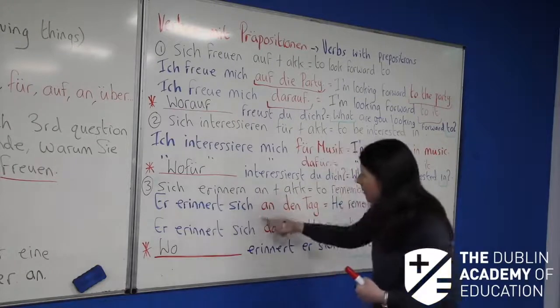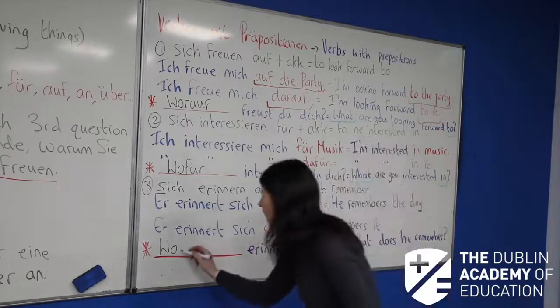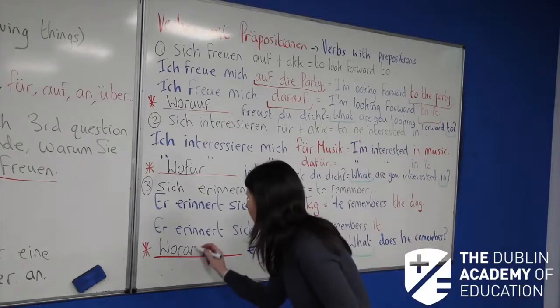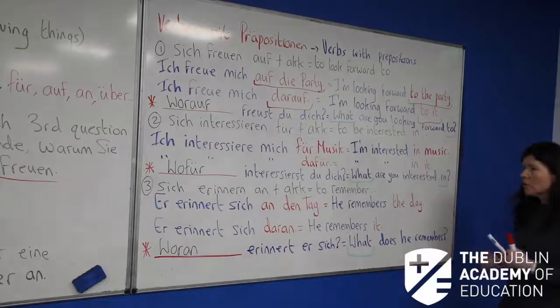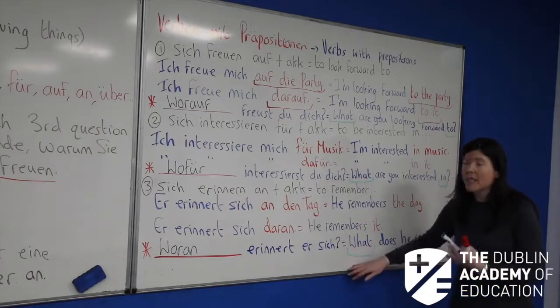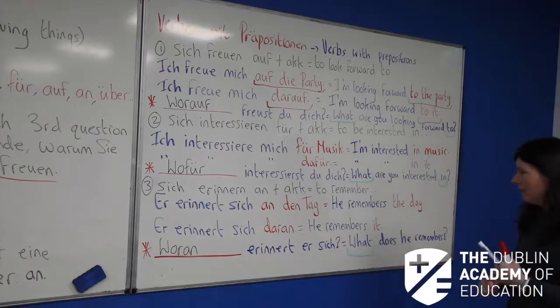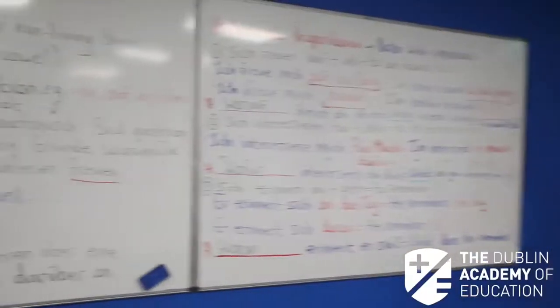I know it's an, so I see it starts with a vowel, so I need to add the r next, and then the an. Woran erinnert er sich? What does he remember? So in the English sentence, the woran in a sense denotes what there. Okay, and then we go over to the next board for number 4 and 5.